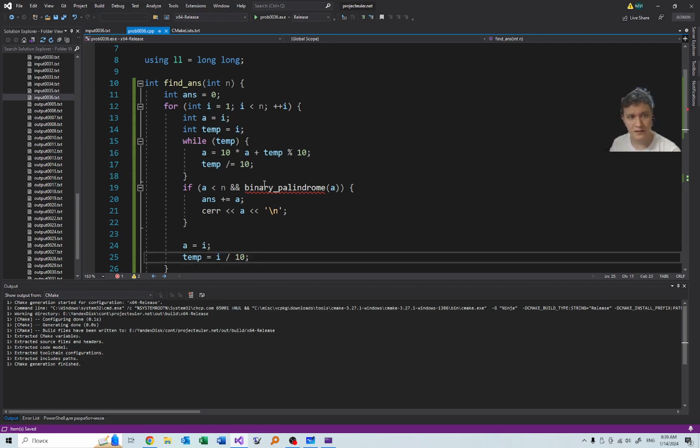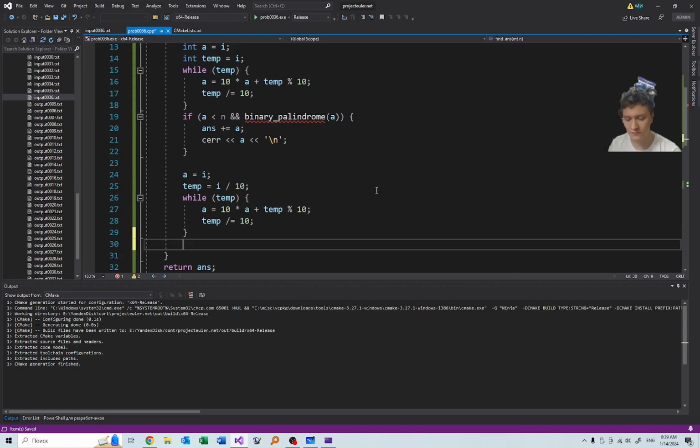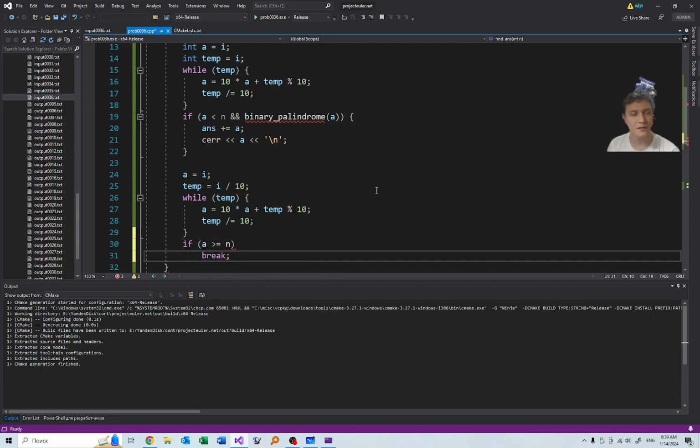Then I do the same thing as usual. I have an odd palindrome, and if this time it is at least n, I break because this is too big a number. I will never see any palindromes which are less than n, only greater ones. So I stop.